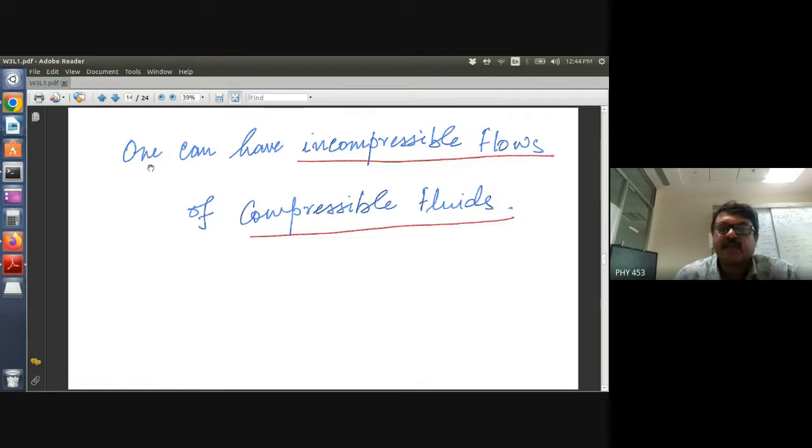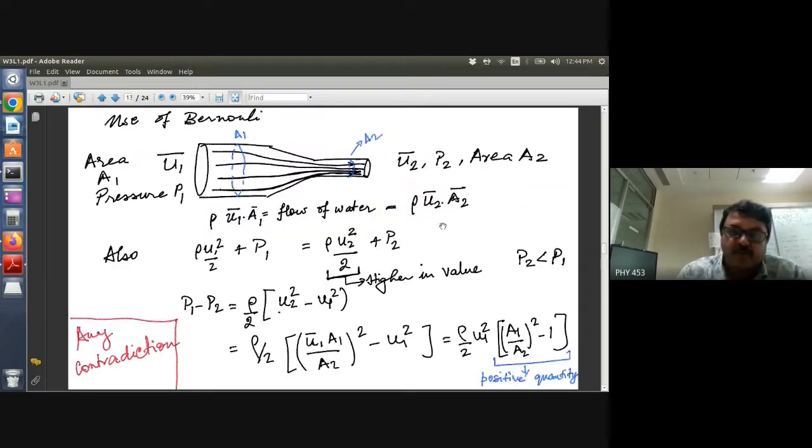So what I'm saying is one can have incompressible flows of compressible fluids. So the flow is incompressible. The fluid can be compressible, but if you are at low Mach number and over the scale of the flow there is no change in the density, then you can have incompressible flows where divergence u equals 0. So here pressure is changing, but it changes such that there's no effective change in density, or the change in density is negligible, right?